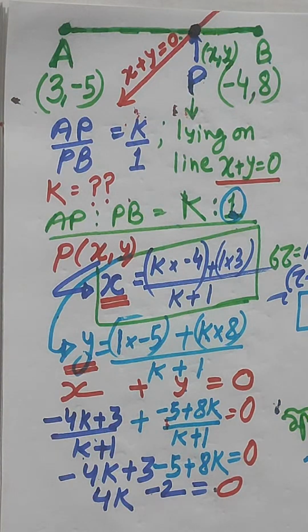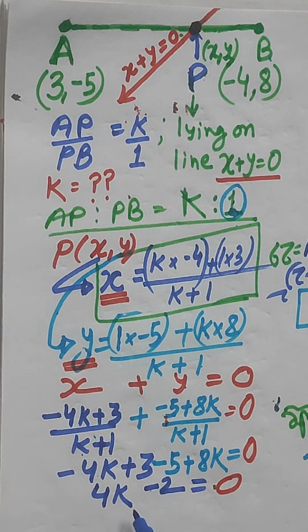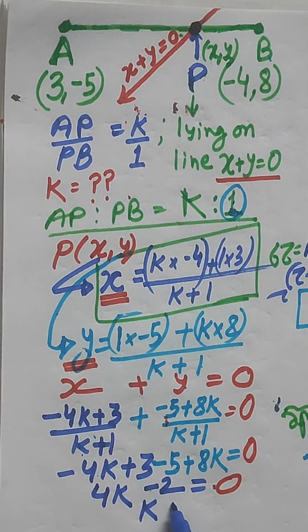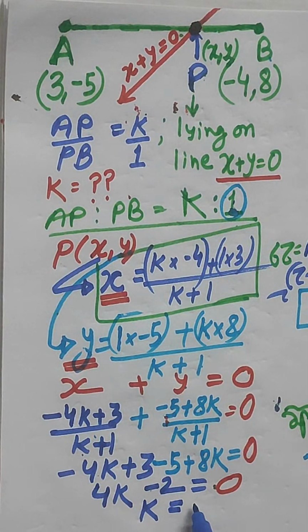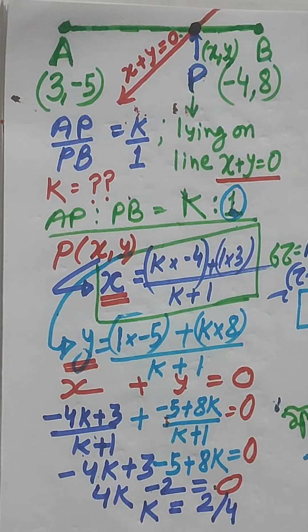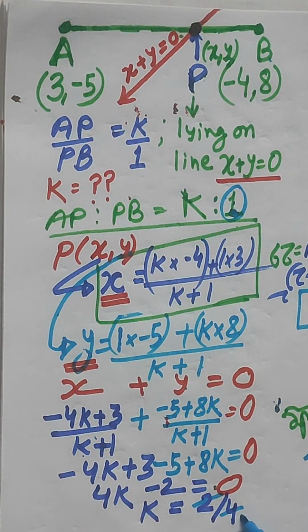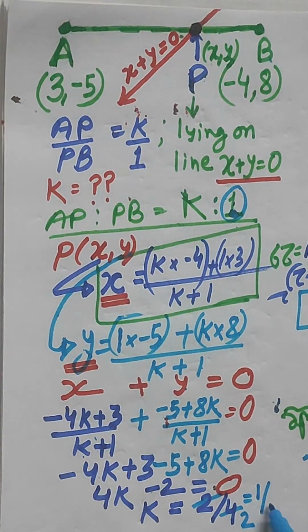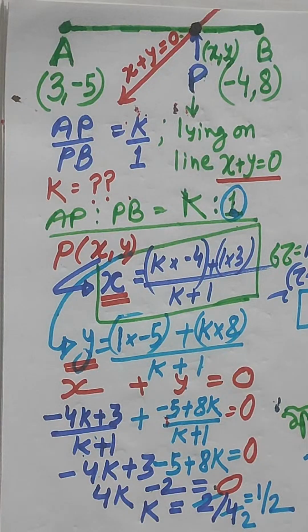So this will give you the value of k as equal to 2 by 4, and you can just simply cut this 4 in 2 times. So this will give you the value of k as 1 by 2, right? So the value of k is calculated as 1 by 2.